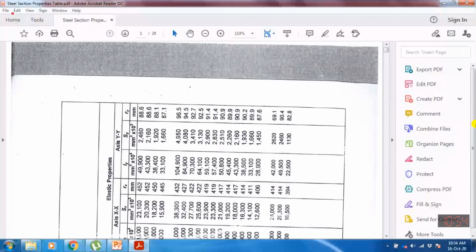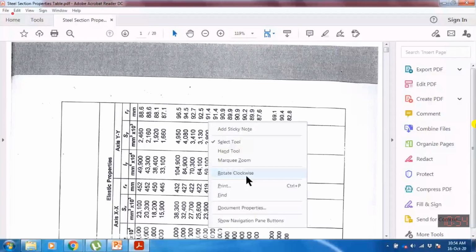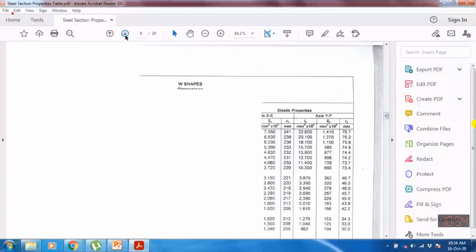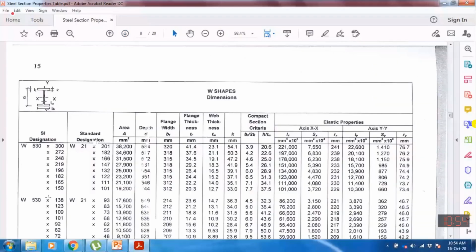And here you will see that for any particular section, for example W530 into 150, the gross area can directly be obtained from the steel sectional properties table. So you don't need to compute it. Why is the area directly available?